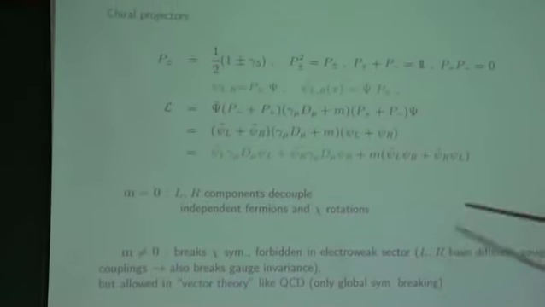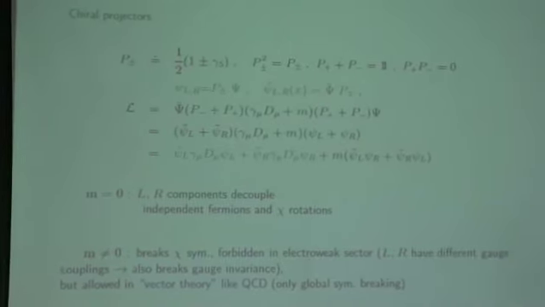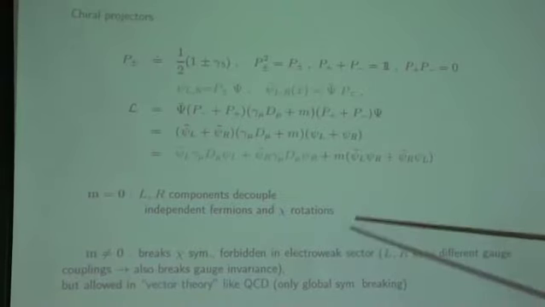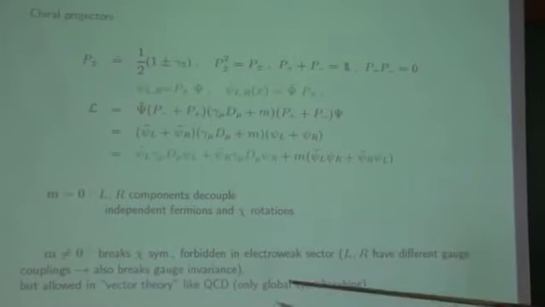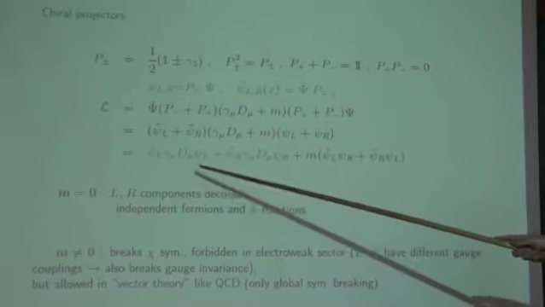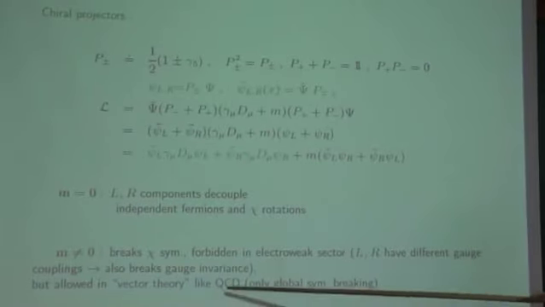That's why the Higgs mechanism does this in an indirect way without breaking gauge invariance. However, if we now look only at QCD, we forget about the electroweak sector. Then this is what we call a vector theory, because left and right-handed quarks couple to the gluons in the same way.